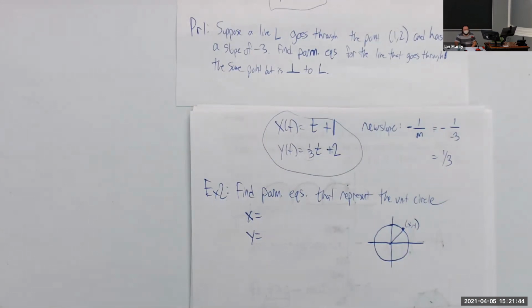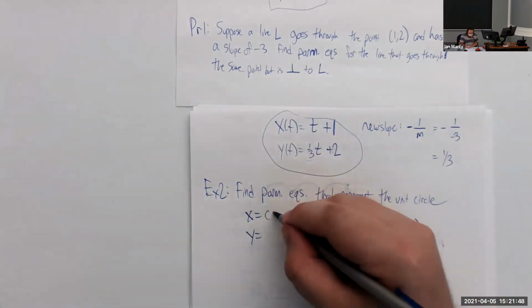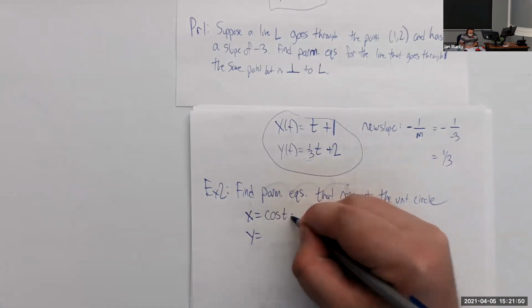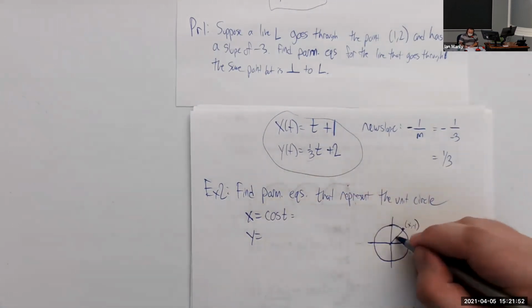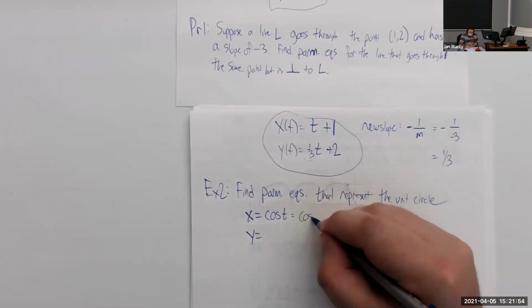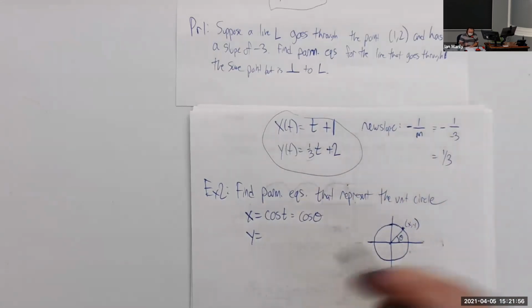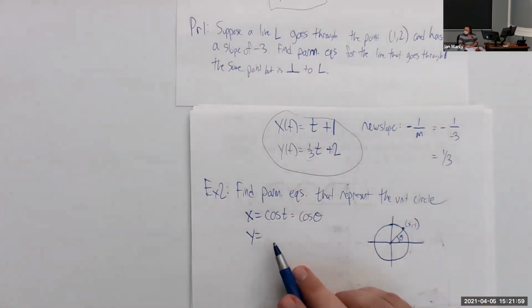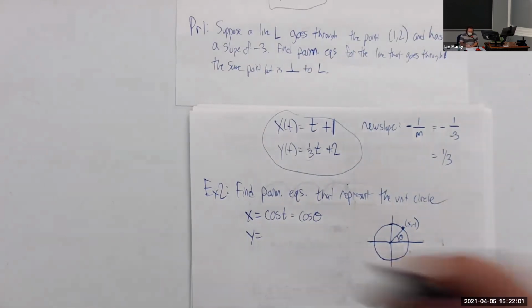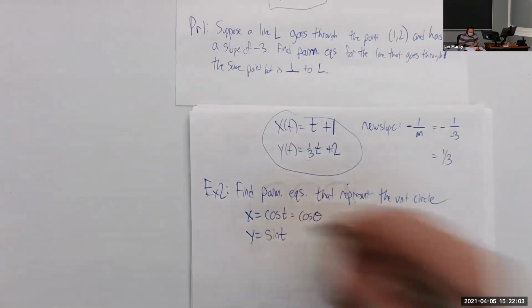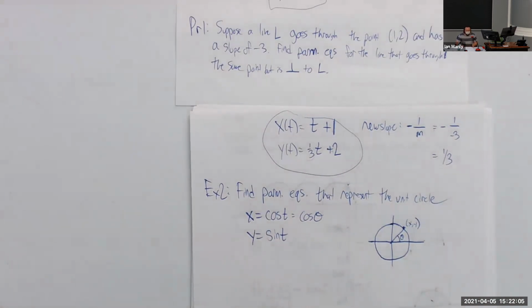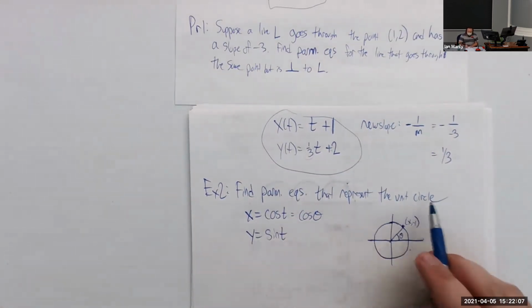What do we usually call that? It's cosine, right? So x is going to be cosine of t, or you might be encouraged to use theta for this, since we have an angle here. So either of these would be fine. And then you can probably guess what y is going to be. y is going to be, I'm going to use t's, sine of t right here. So there we go. So we have some parametric equations that represent the unit circle.